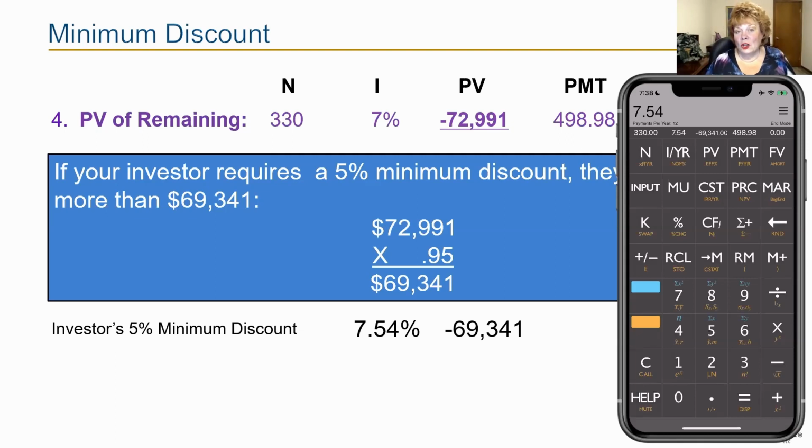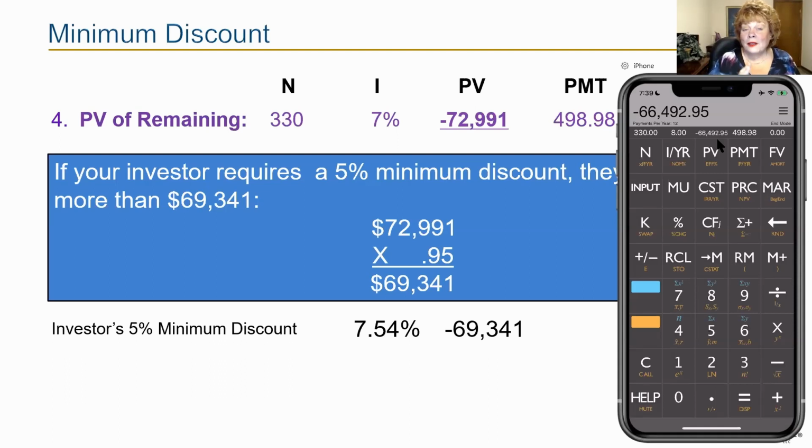But if he says, no, I want an 8% yield, then we would put 8 in here. We'd solve for PV. Let's just do it. It might mess up our numbers. We'll do it anyway. We can re-add them. Just out of curiosity, if we put 8 into I, and now we solve for PV, that means that if he wants an 8% return right here, the most that he's going to pay is $66,492.